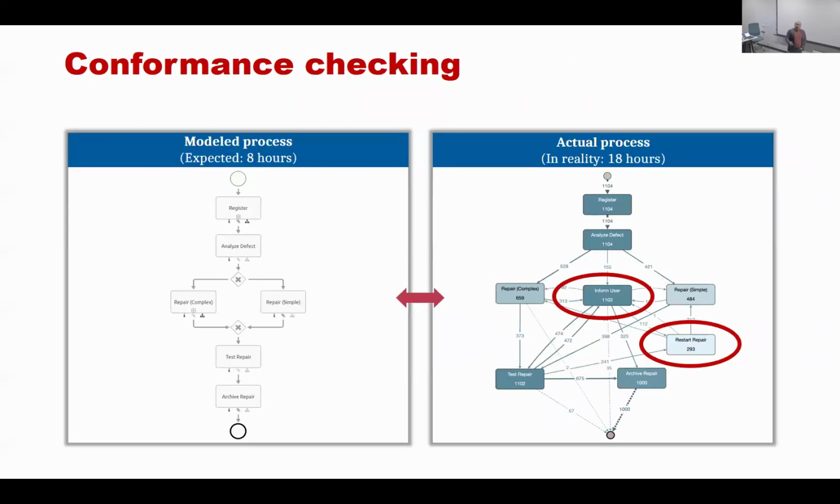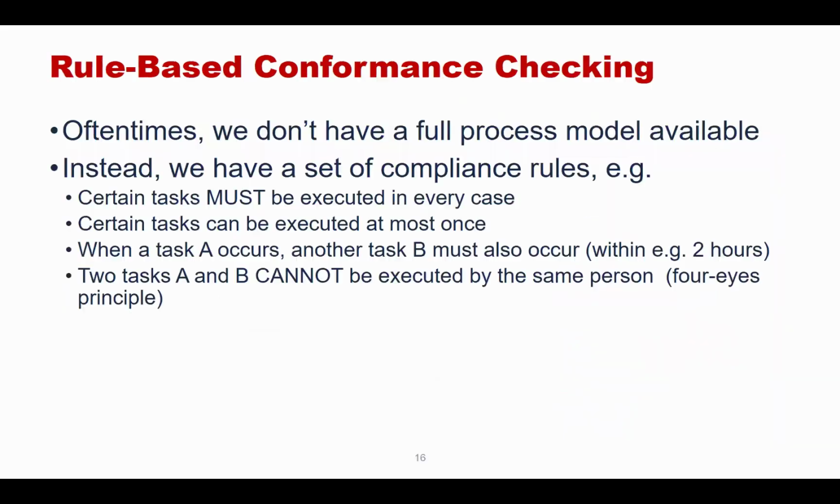Sometimes for conformance checking, I take as input a normative process. In most cases, this is unrealistic because there is not one normative process out there. There are actually multiple different ways of performing this process. So it is much more common to do conformance checking by means of rules.